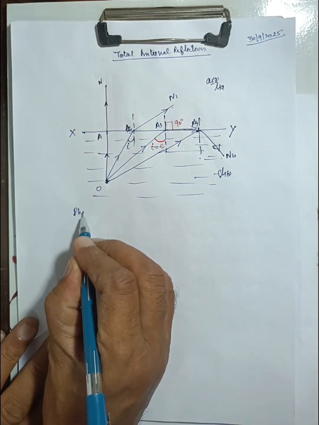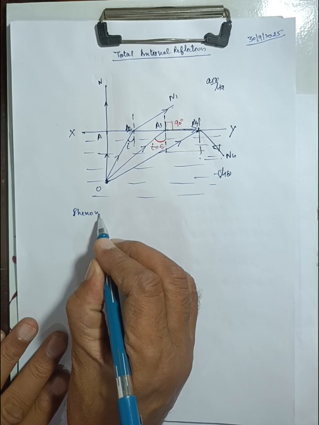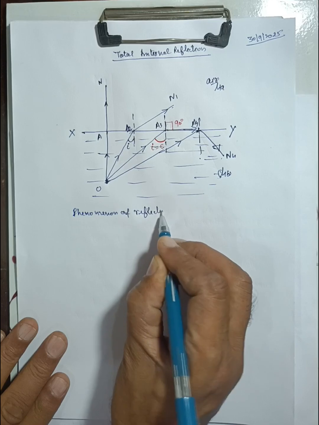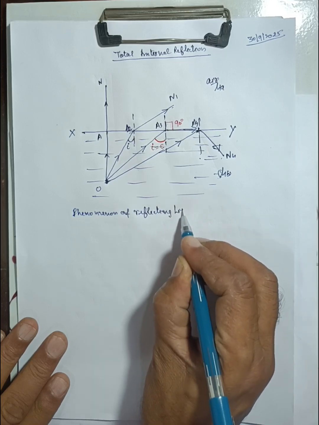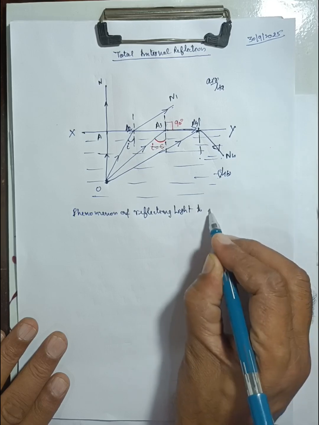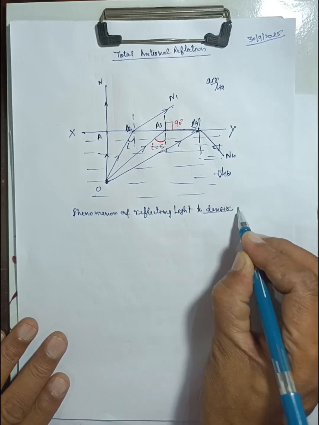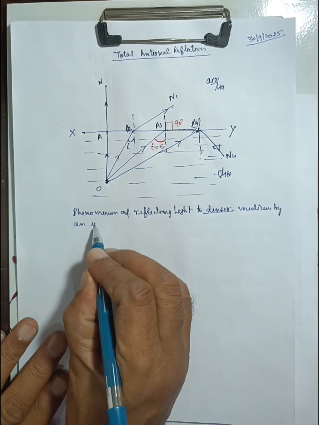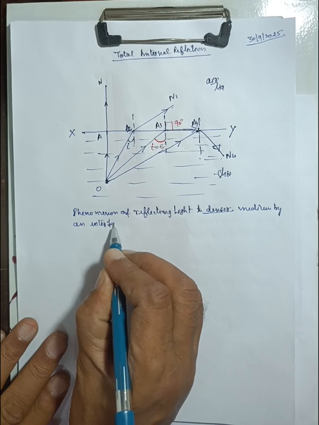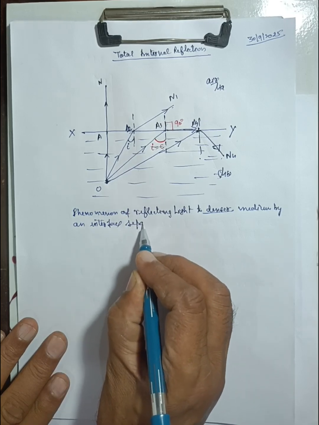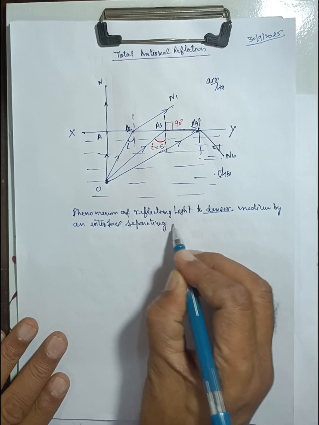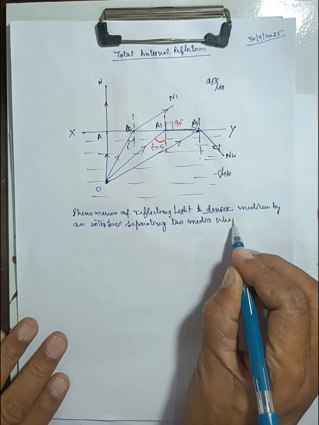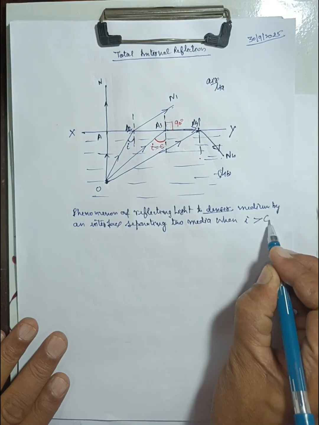That is the phenomenon of reflecting light back to the denser medium by an interface separating two media when the angle of incidence is greater than the critical angle.